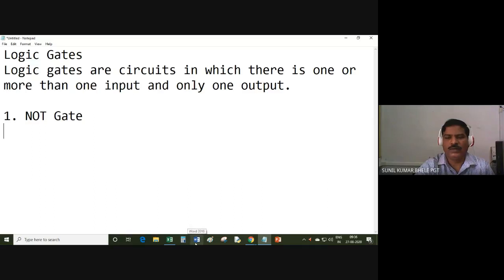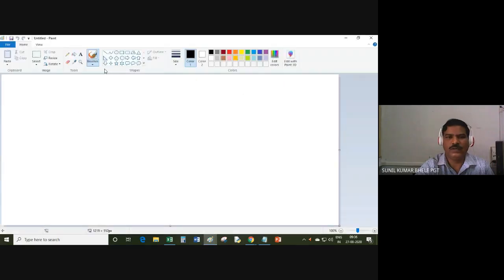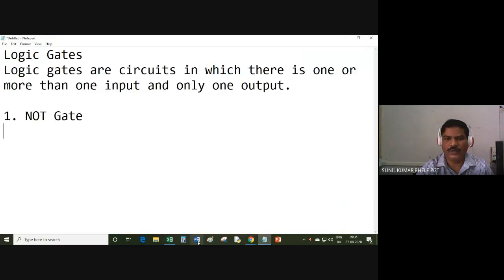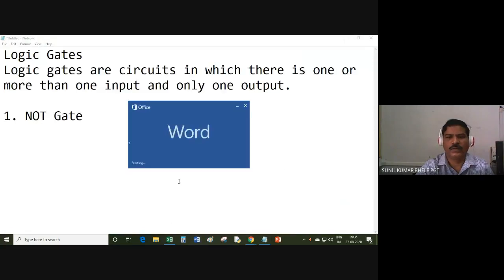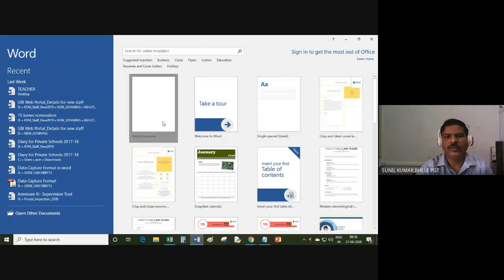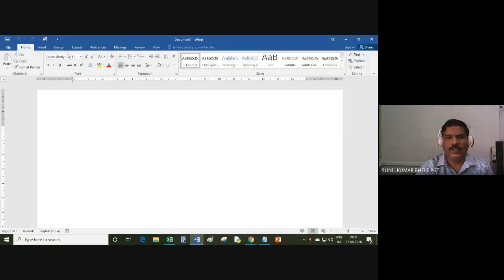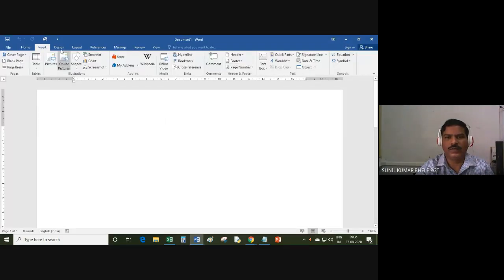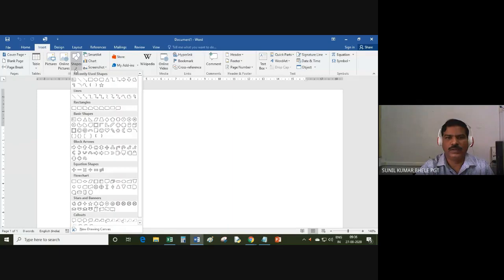I will show you how to create, or with the help of Paintbrush also I can show you how to create a NOT gate. It is not possible in Paintbrush. I will use Microsoft Word, because Word has a feature of inserting symbols or diagrams or shapes.